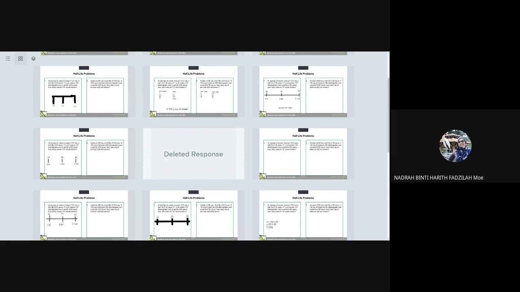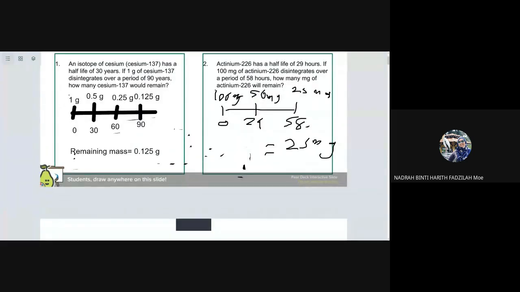Okay ya. Kita tengok dekat sini. We are currently on slide 12. So if the Padlet app bawa kamu pergi ke slide sebelumnya, terus skip pergi ke slide 12. And then siapa yang dah siap slide 12, you can go to slide 13 ya.